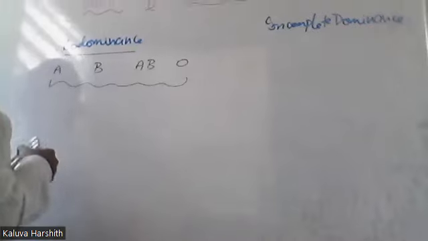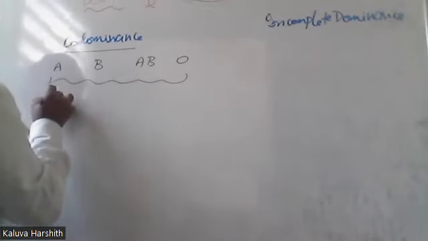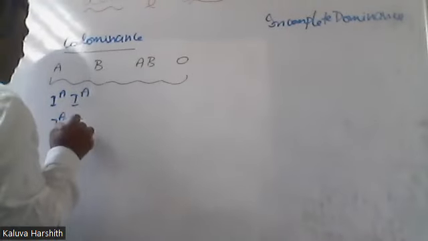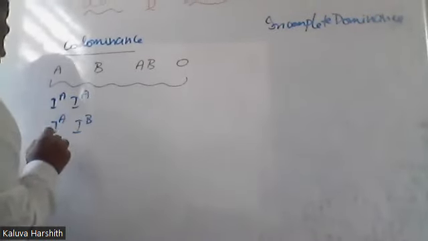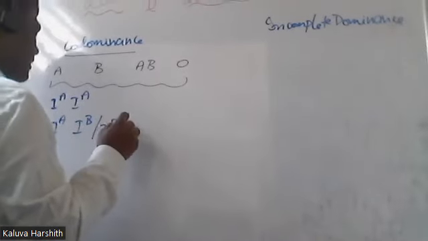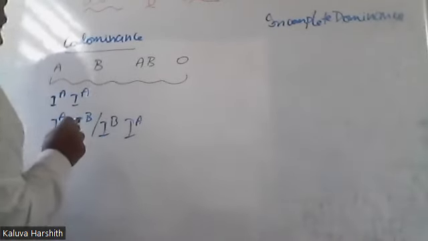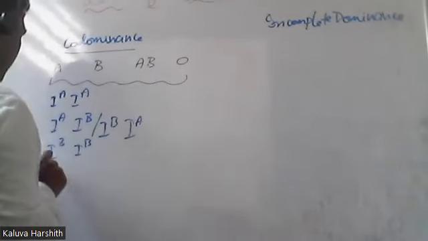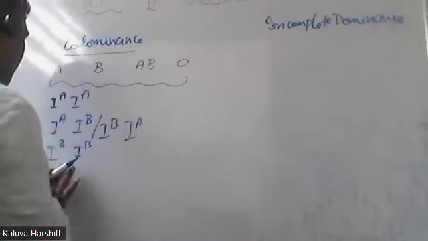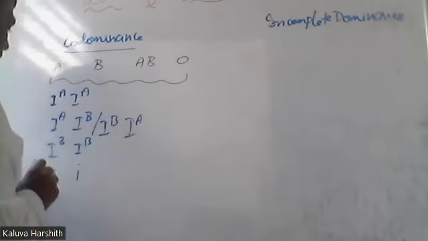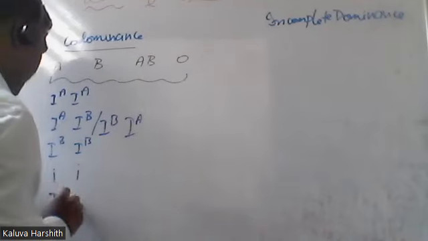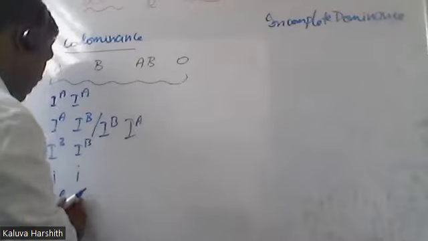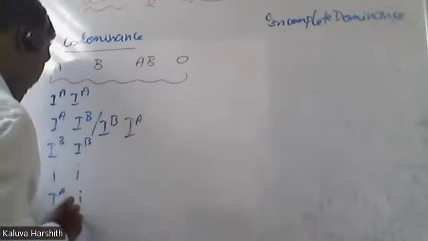Next, genotypically: IA IA is one, IA IB is one, IB IB is one, next ii is one, IA i is another one, IB i is another one.